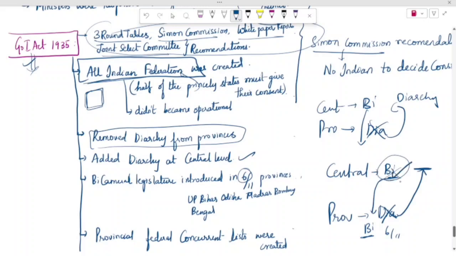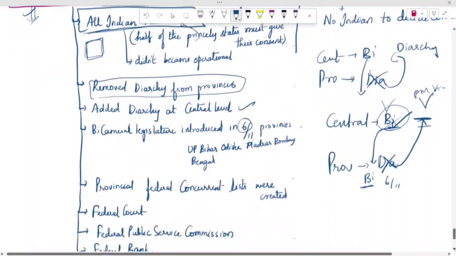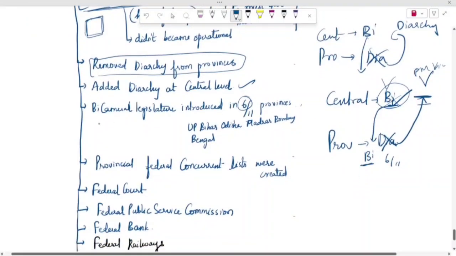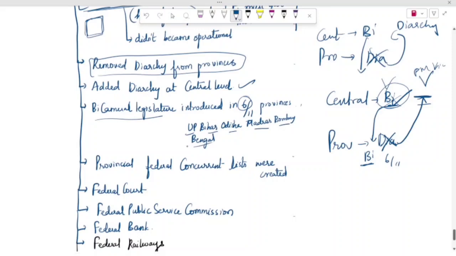Bicameral legislature is also there, and diarchy also is there. Diarchy is nothing but there will be minister, prime minister, and viceroy. And when it comes to bicameral legislature, upper house and lower house. And the 6 provinces in which bicameral legislature was introduced were UP, Bihar, Odisha, Madras, Bombay, and Bengal.